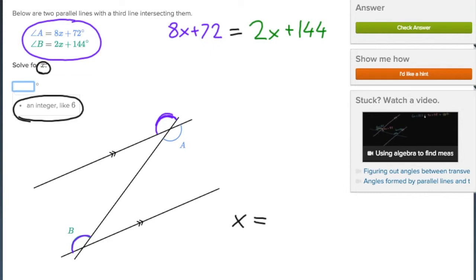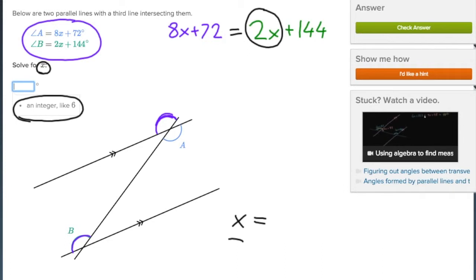Okay, so we know what our answer is going to look like. In order to get there, we've got a little bit of work to do. Thinking about having x on its own on one side should be our starting point. Okay, to do that, we need to get rid of this 2x on the right hand side, because we want to have x on its own on the left hand side.